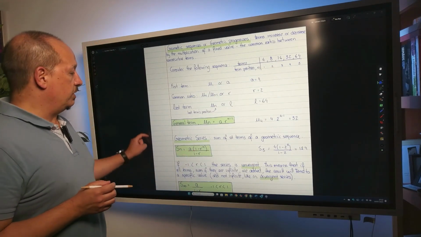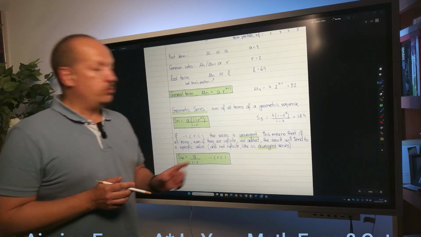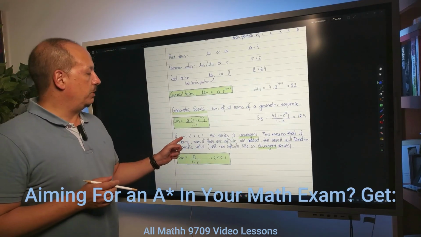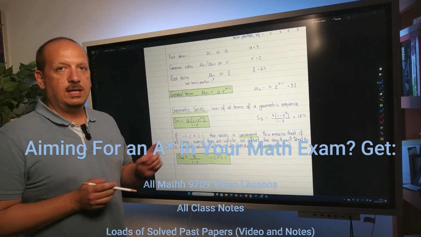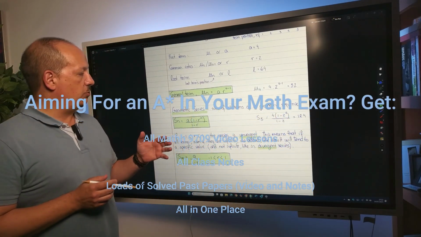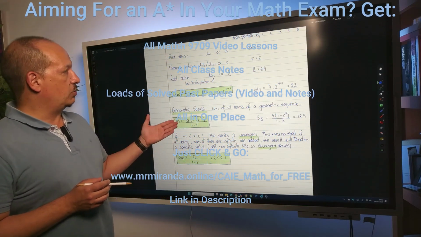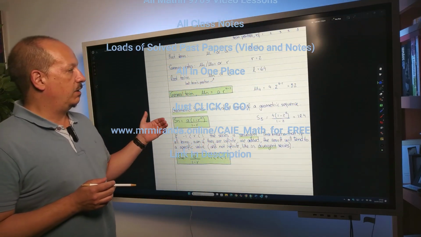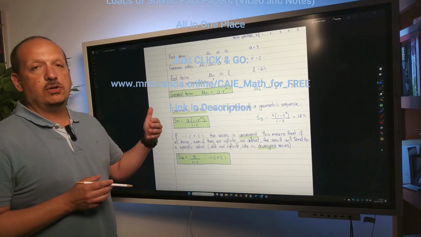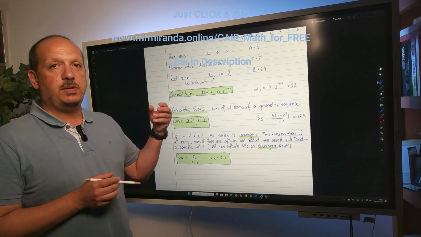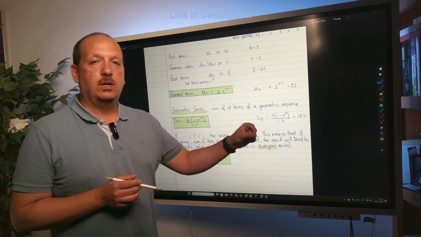In some situations, R, the common ratio, is going to be between the values minus 1 and 1. If this happens, the common ratio is going to be such that the values of the sequence are going to be fractions that are going to be smaller and smaller. What does this mean?